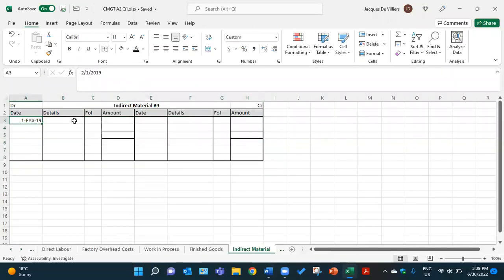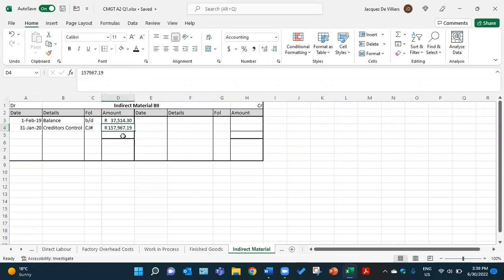Well, on the first day of our financial year, once again, we had a balance that was brought down, and it is given to us as 37,515. Then we also had that credit purchase, so it's creditors control, recorded in a creditors journal.